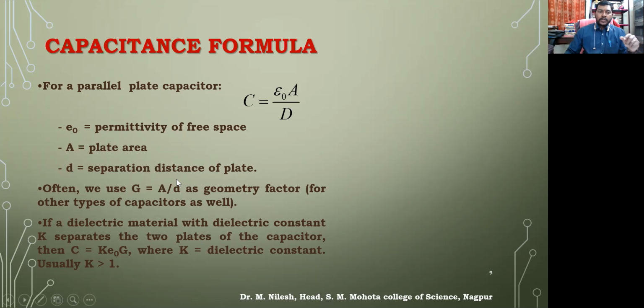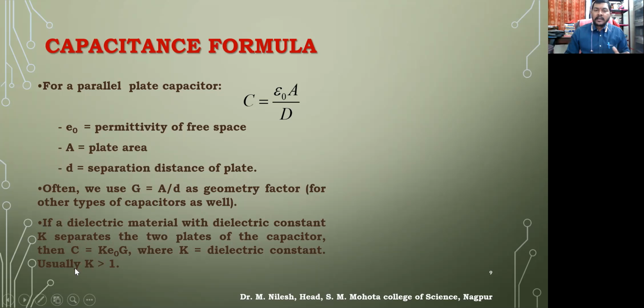Often we use G, that is A by D, as the geometry factor for other types of capacitors as well, where the area and distance are kept constant. So we take it as G, and we can calculate the dielectric of a material by using C equals K epsilon 0 G, where K is the dielectric constant.